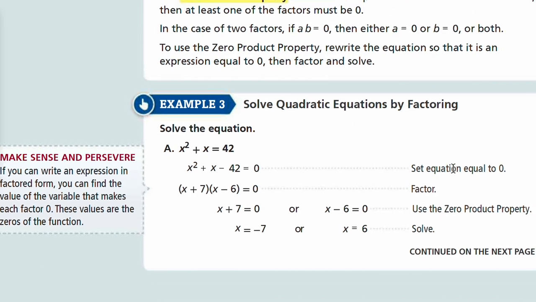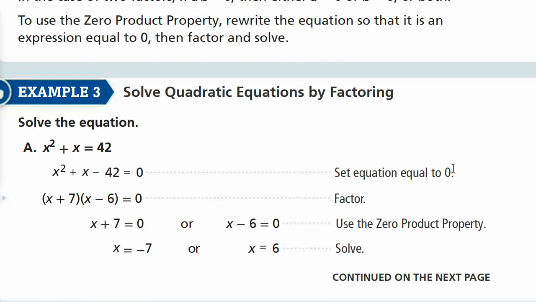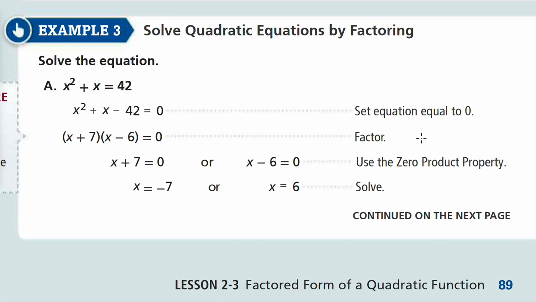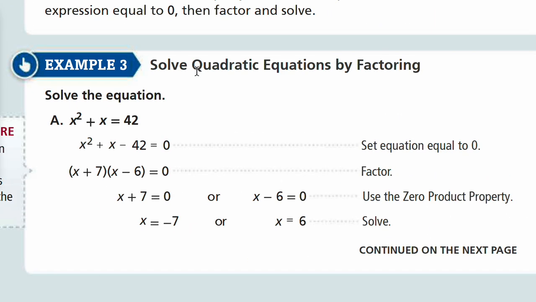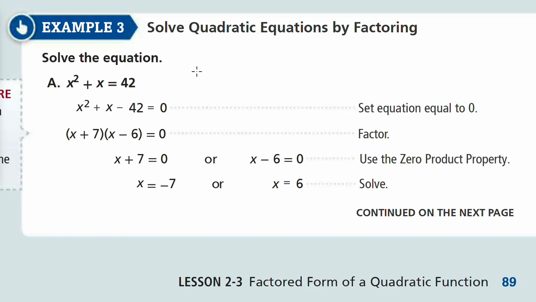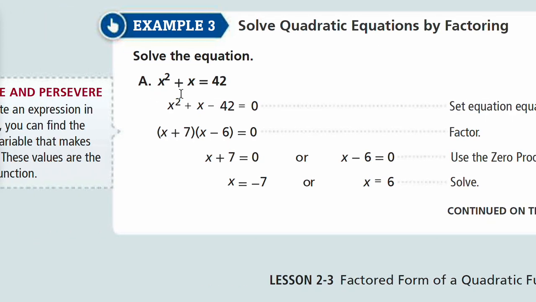Example 3, solve the equation, part A. So we have x squared plus x equals 42. It doesn't say it's a function, and there's no other variable other than x, so it doesn't have to be a function.